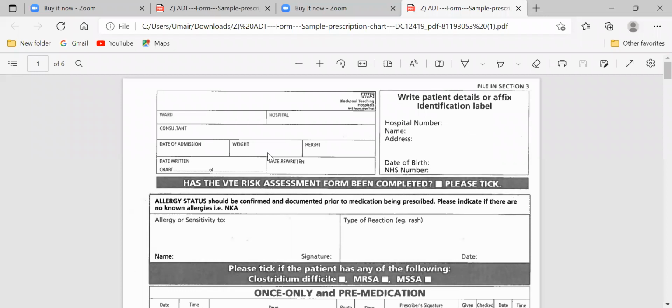When you open the BNF, it says the dose of gentamicin is 5 mg per kg. And write down gentamicin for 7 days.